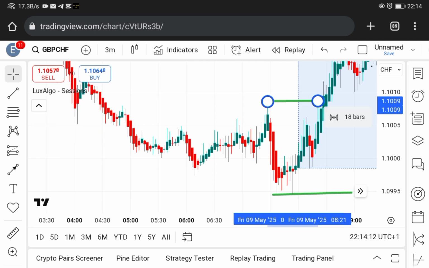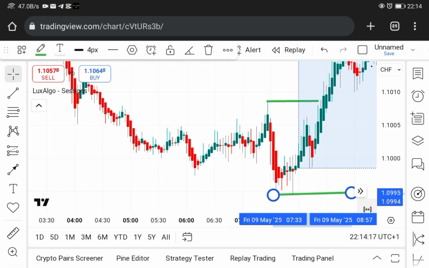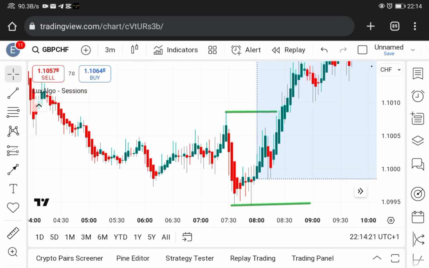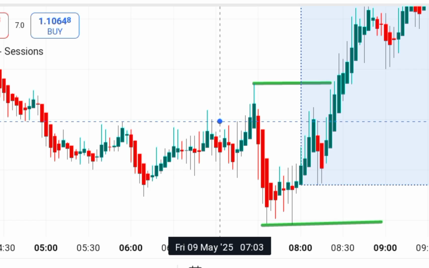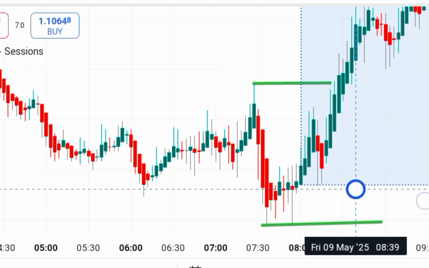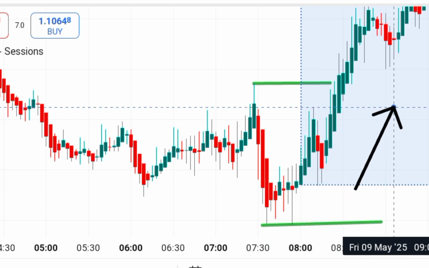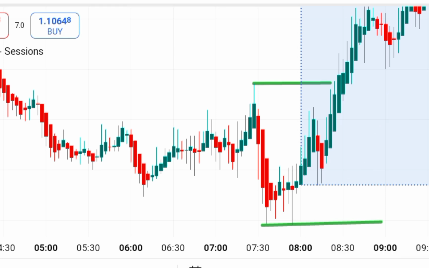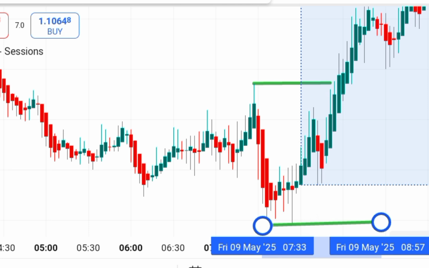So after that, I have to wait. Check. Here is the high that I marked before the London session opened, and here was my low. So something happened during this London session. This very box here represents my London. And here was my 3 minutes. So something happened, after which I marked the high and I also marked the low.